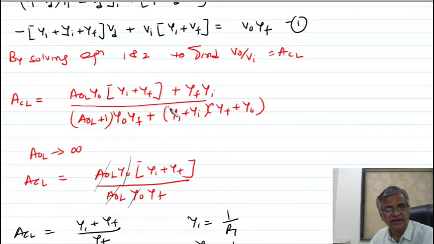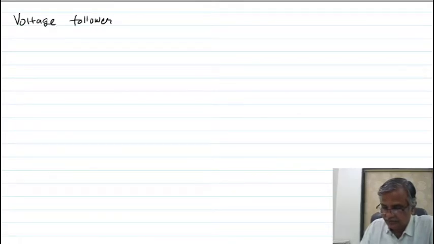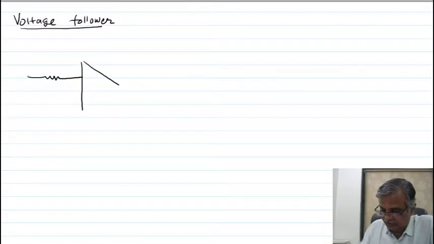What does it represent? Admittance. Now I am discussing the circuit diagram of the voltage follower. See, this is your non-inverting amplifier.